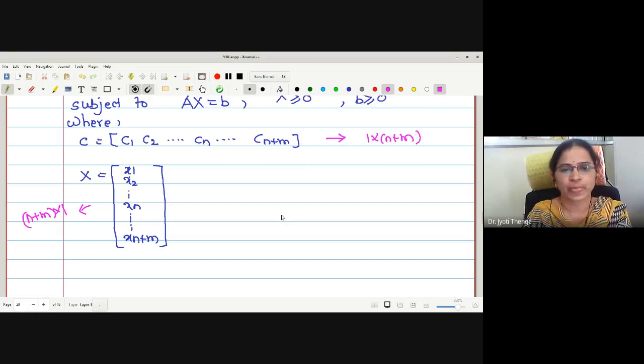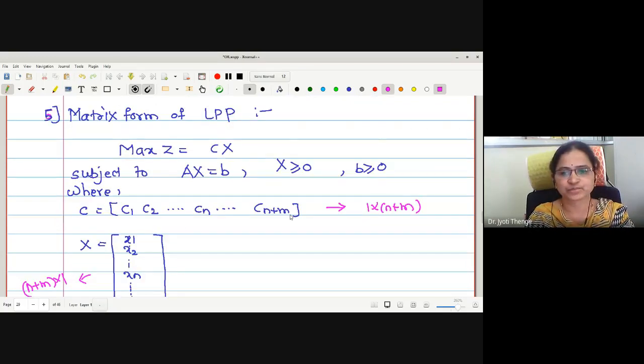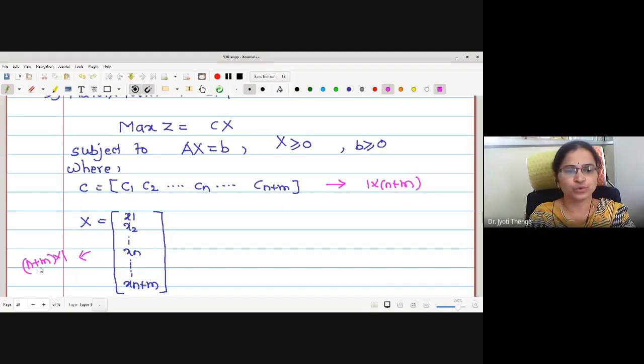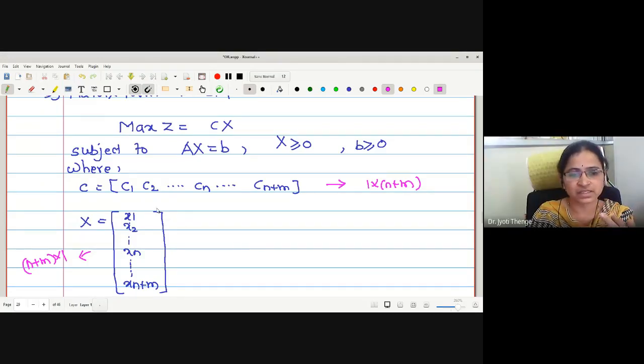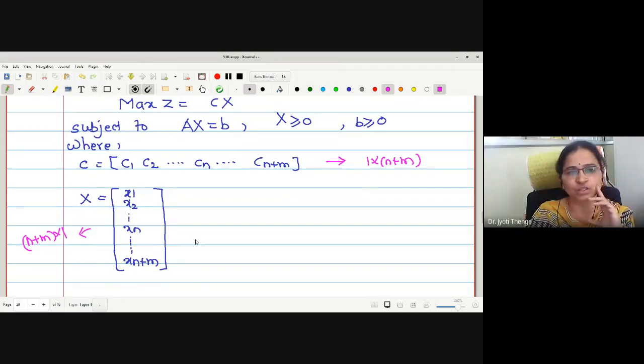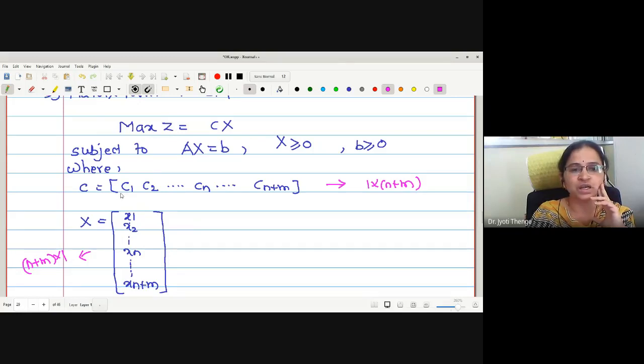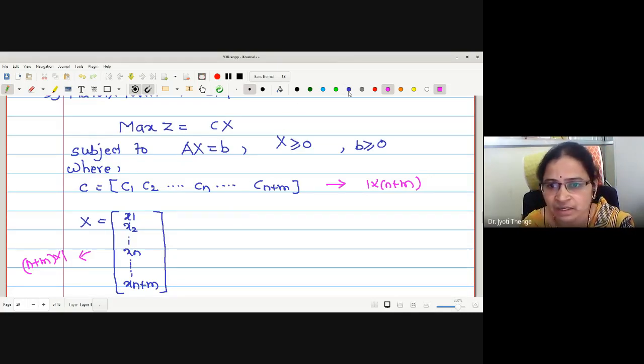Therefore, what will be the multiplication Cx? 1 cross n plus m into n plus m cross 1 gives 1 cross 1, which is the linear objective function. And what is that value? C1x1 plus C2x2 up to Cn plus m xn plus m.